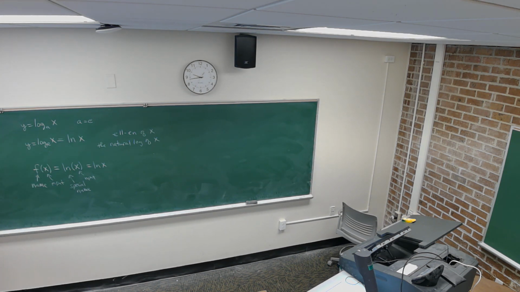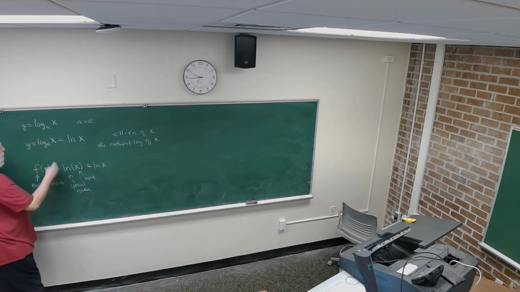I see people all the time solving a problem. They'll do something like 2x plus 5 divided by ln, and that makes absolutely no sense whatsoever. That's like writing 2x plus 5 divided by square root. That makes absolutely no sense. ln has to have an argument.